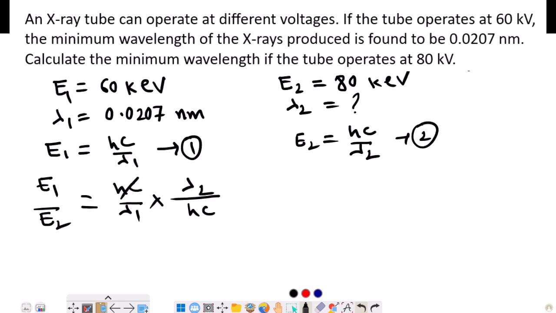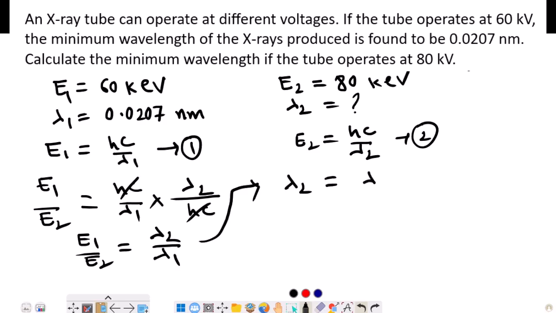Now hc cancels out, so E1 by E2 is equal to lambda 2 by lambda 1. From here we can write lambda 2 is equal to lambda 1 times E1 by E2.